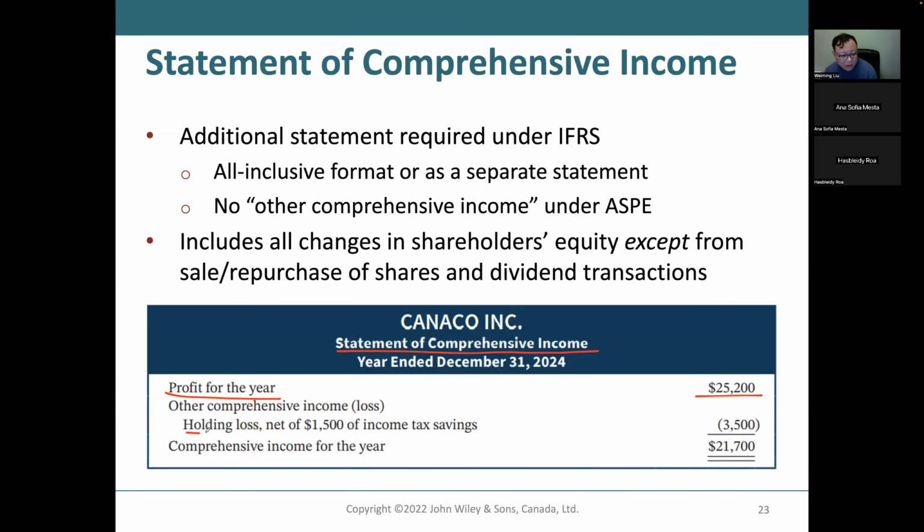You have a holding loss, net of 1,500 income tax saving, of 3,500. So what is this loss? This loss is probably about some investment, an unrealized loss. So then your total comprehensive income is 21,700.